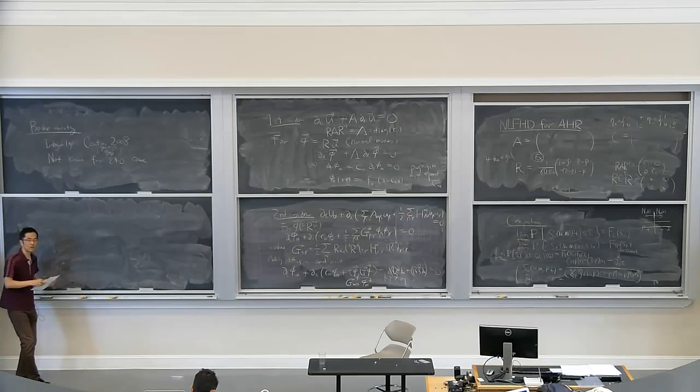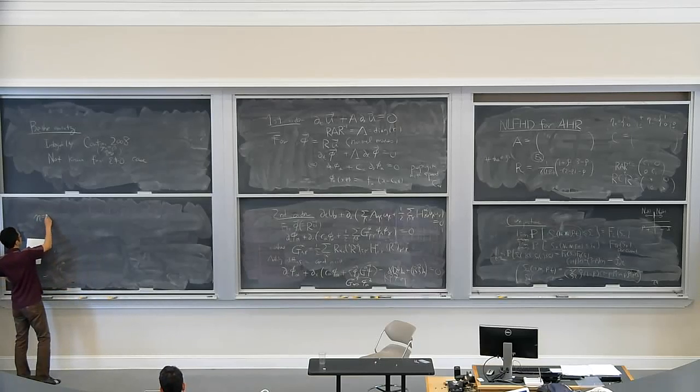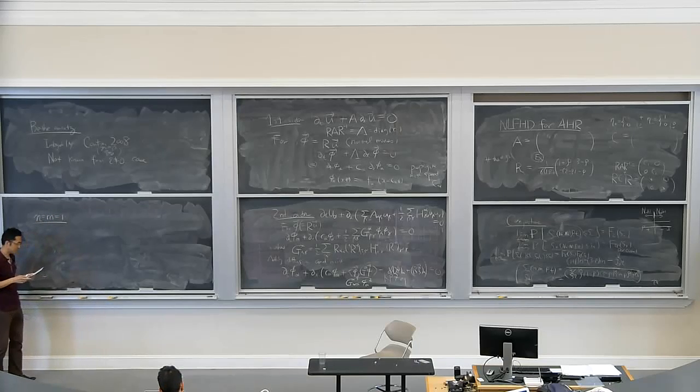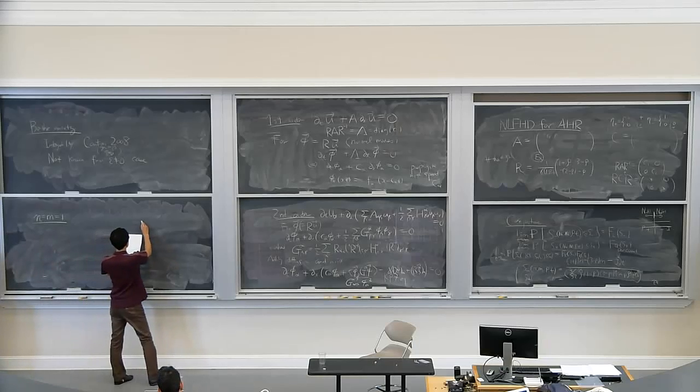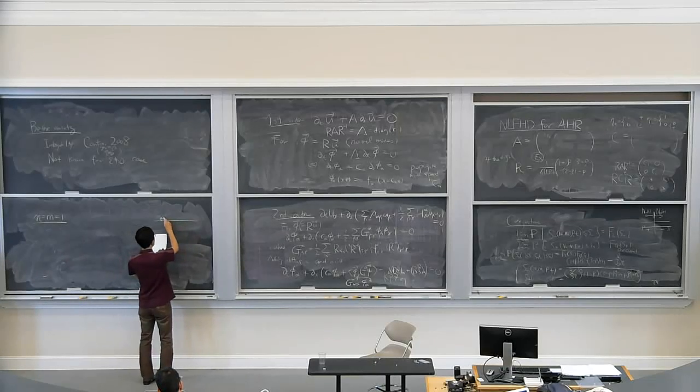Okay, so now we apply the Bethe ansatz to these two species of particles. Maybe I don't have much time, so I'll show only the simplest case of one particle of each kind. So now we have only one plus particle and one minus particle.